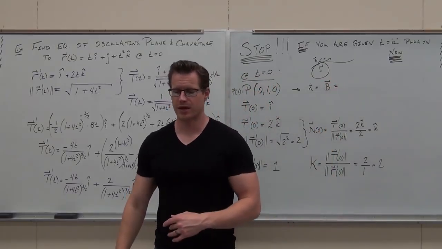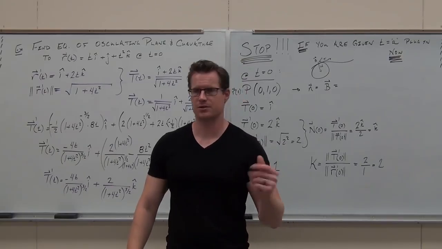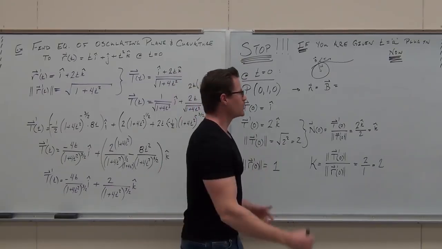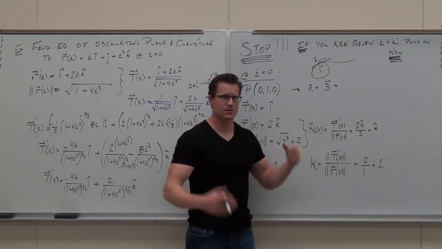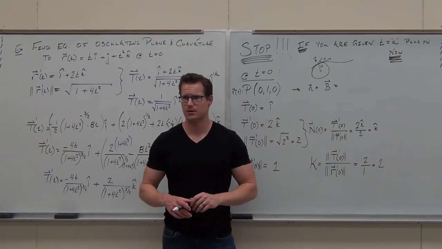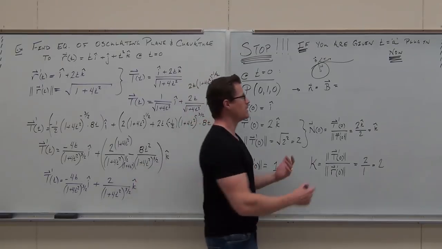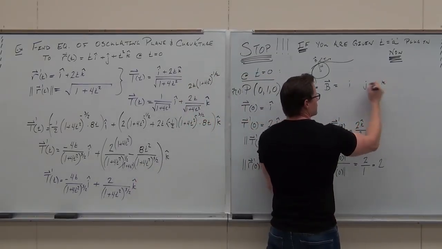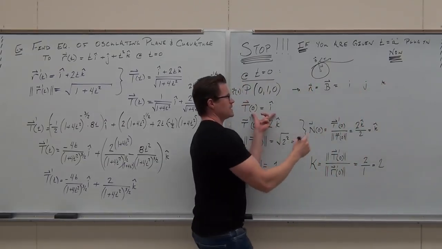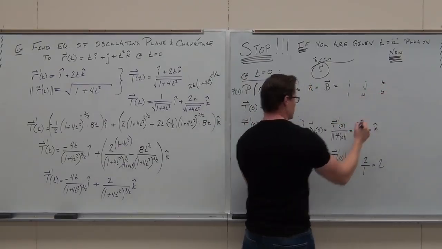Now, everyone in class, right now, how do you go from T and N to B? What do you do? Cross. Okay, we can set that up. If you're smart about it, though, you go I, K, cross I and K, you are going to get J. For sure. Mutual orthogonal has to be that. If you really want to show it, you go, okay, well, B equals IJK. And you go, well, T is 1, 0, 0.